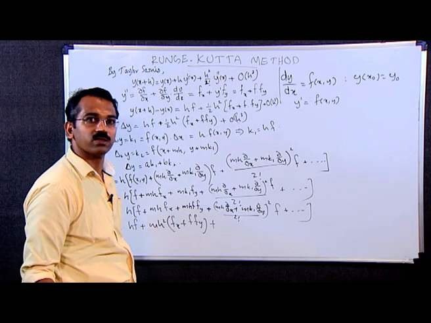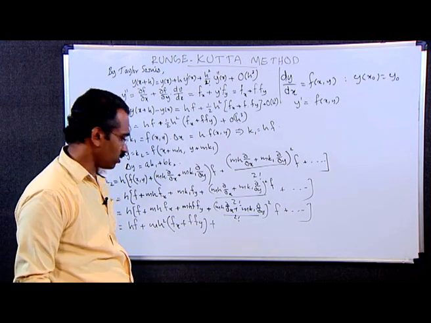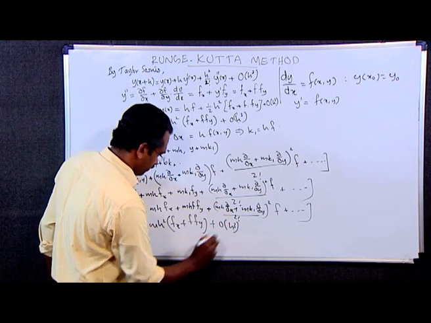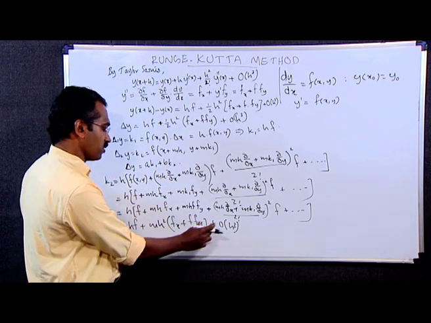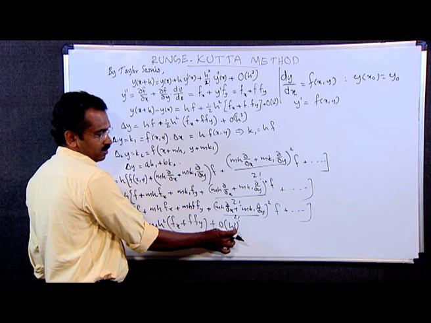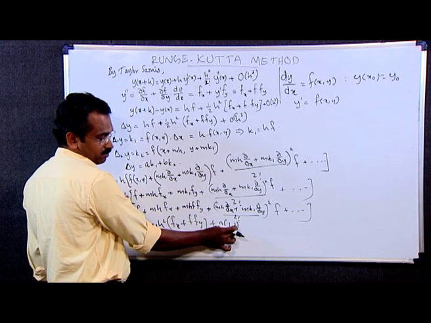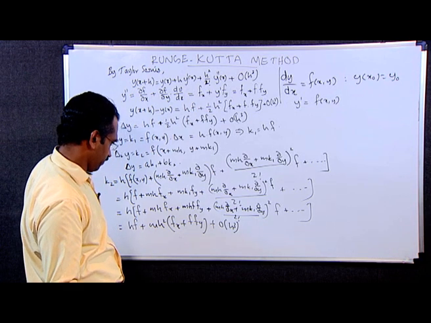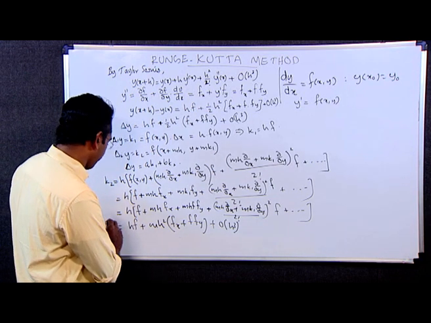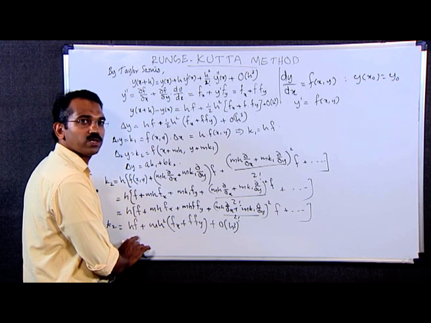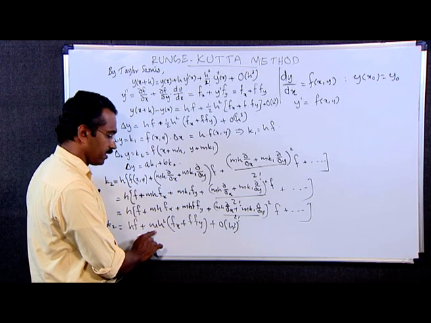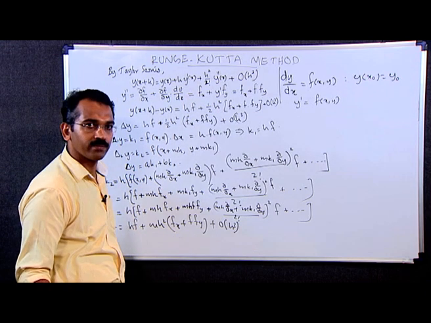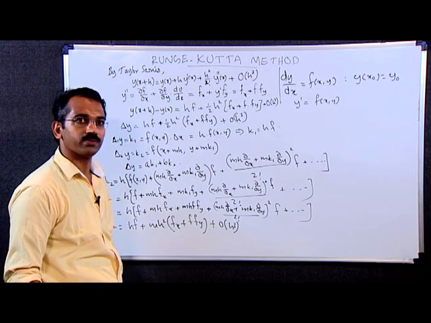We are neglecting the higher powers of h, or we write O of h cube, terms having the highest powers of h. This is K2. K2 is equal to hf plus mh square into f_x plus f into f_y plus O(h cube).